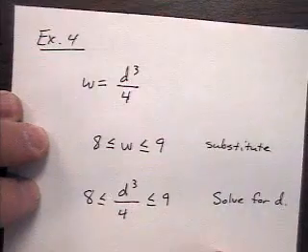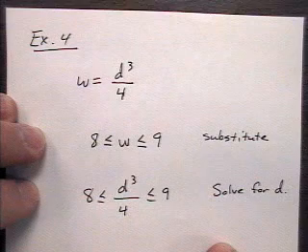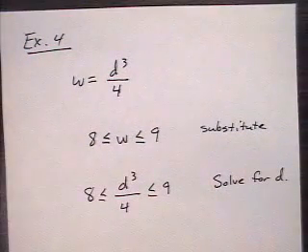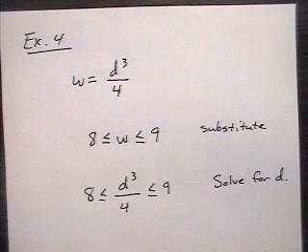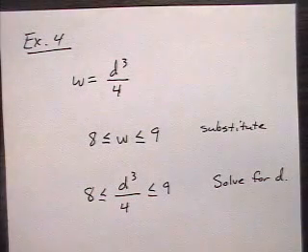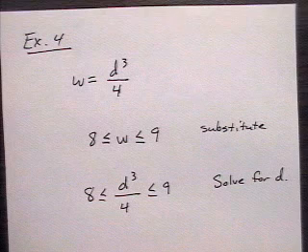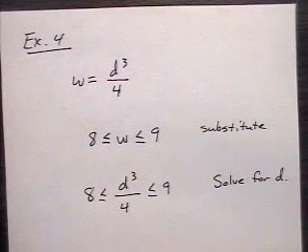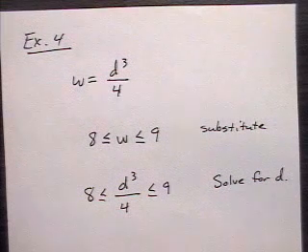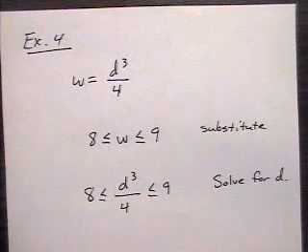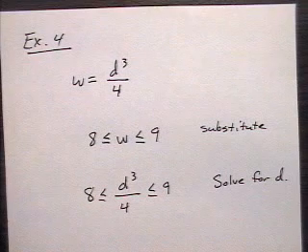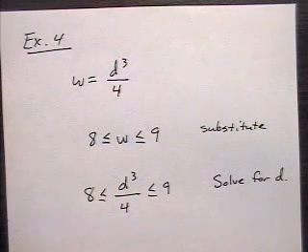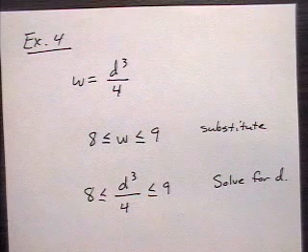Last example here we have. In the book, let me read this example a little bit so it makes more sense. It says a citrus grower wants to ship a select grade of oranges that weigh from 8 to 9 ounces in gift cartons. Each carton will hold 3 dozen oranges in layers of 3 oranges by 4 oranges.